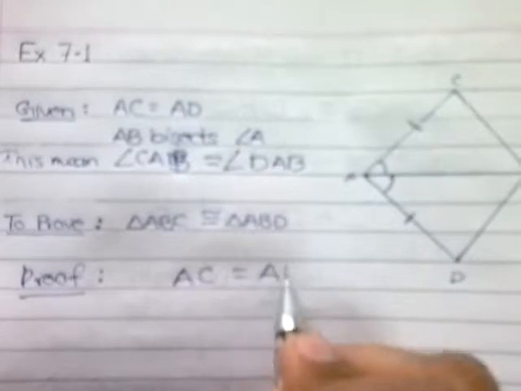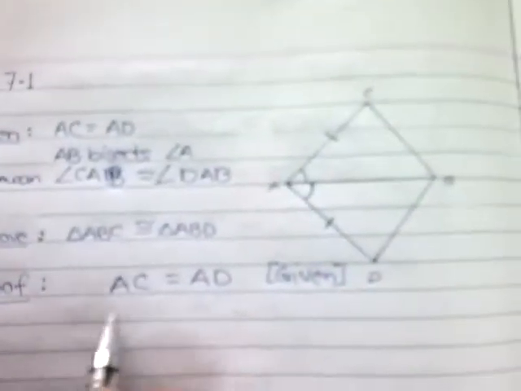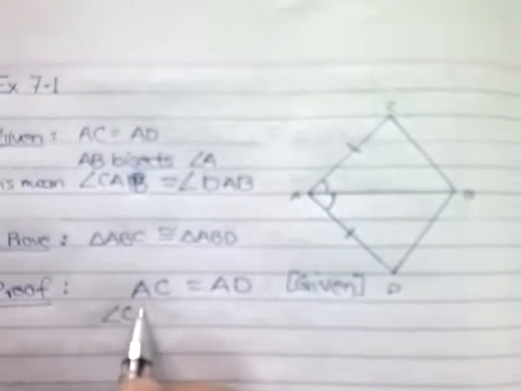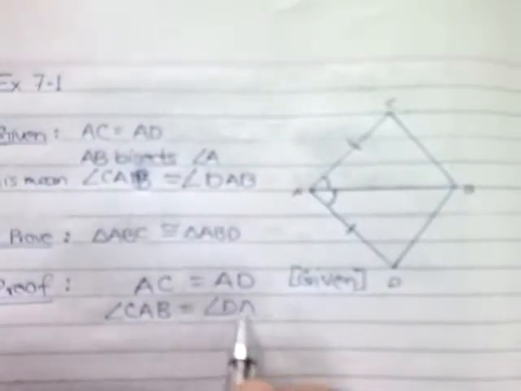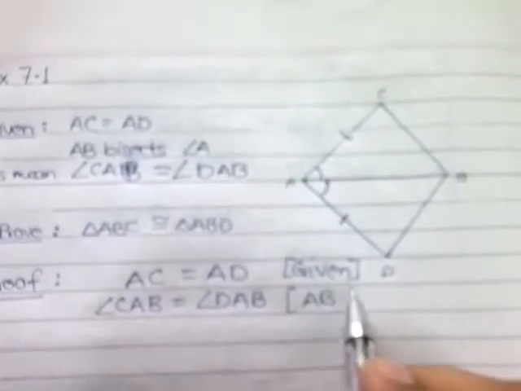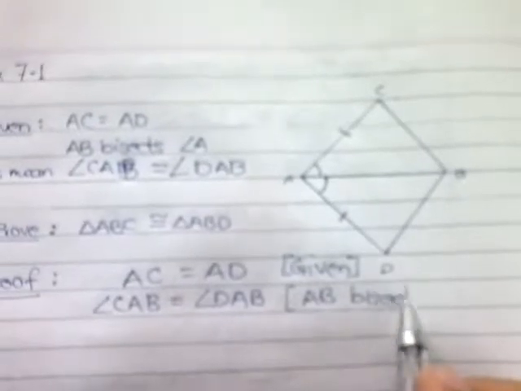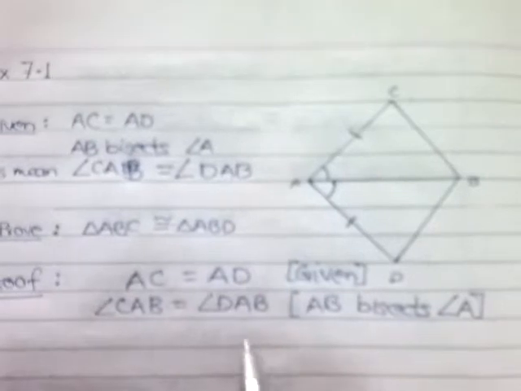So it is given that AC is equal to AD. So first of all, write that condition: AC is equal to AD. And you should always write the reason in brackets: given. Now angle CAB is equal to angle DAB, and the reason is AB bisects angle A. That is also given in the question.